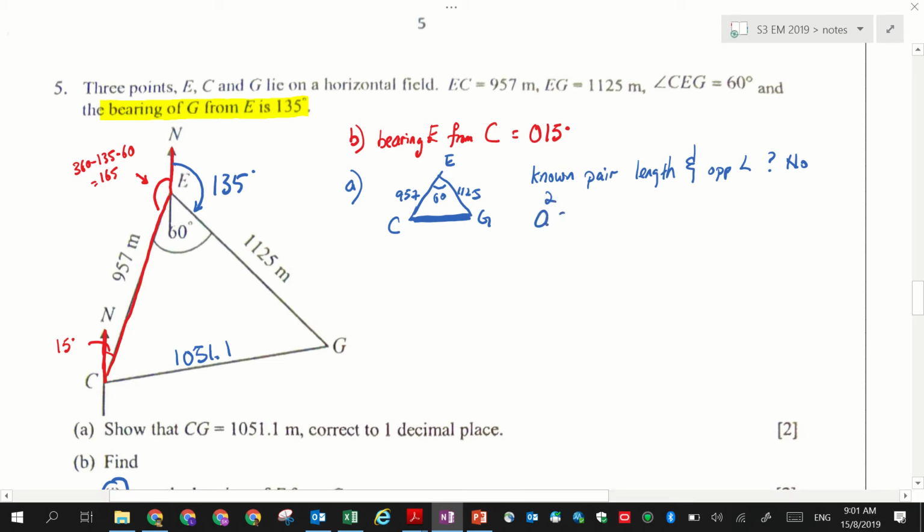I will write a squared equals to, then I ask myself, what is a squared? Unknown. A squared is always the unknown length, right? So this is CG squared. Then this is the 975 squared.